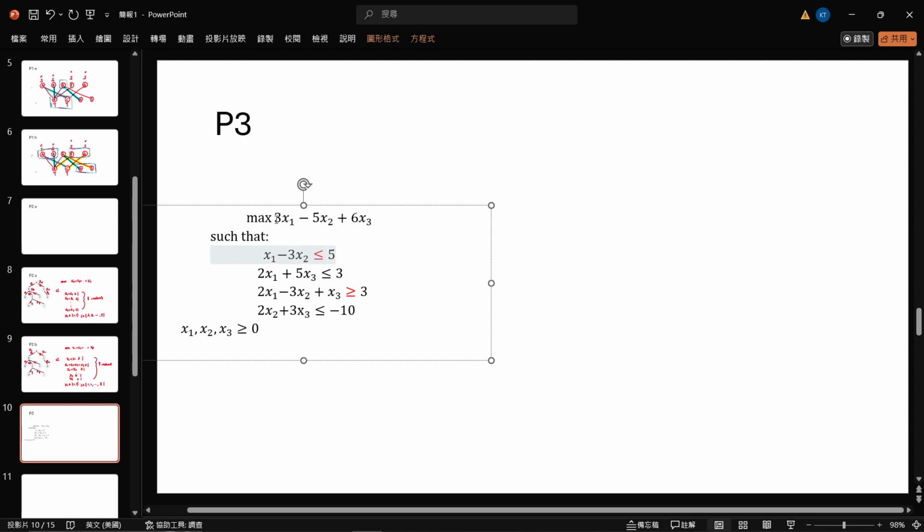Okay? And for a maximization problem, all these constraints must use the less than or equal to sign. So this means we have to change sign.